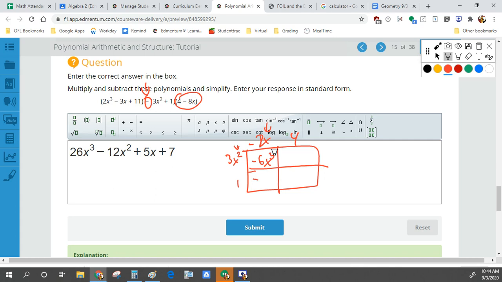So this is negative 2x. I'm going to multiply the 3x squared times the 4, so I get 12x squared, and then this is 4. So I see negative 6x cubed plus 12x squared minus 2x plus 4.